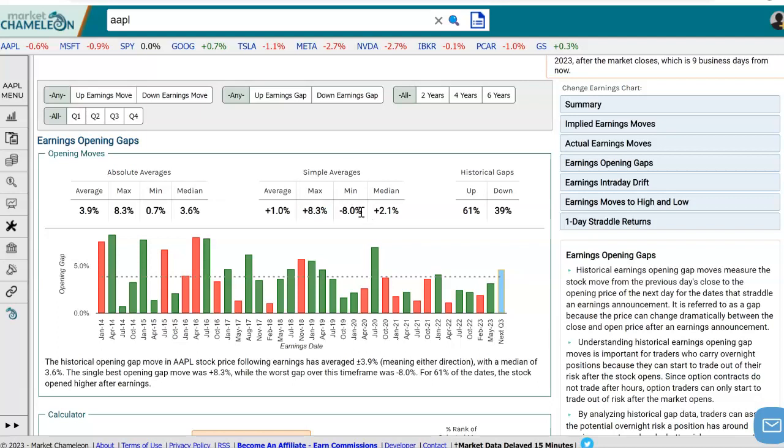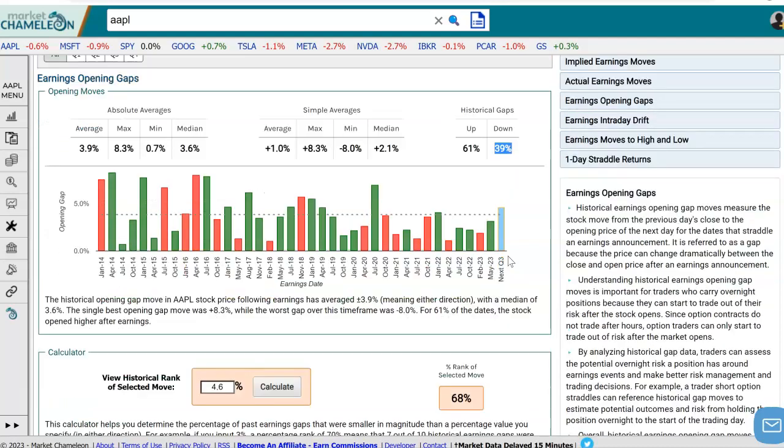The worst to the downside was down 8%. And the median return is 2.1%. If we wanted to see the frequency of the up moves versus down moves, this shows us that 61% of the time Apple stock gapped higher versus 39% the stock gapped lower.